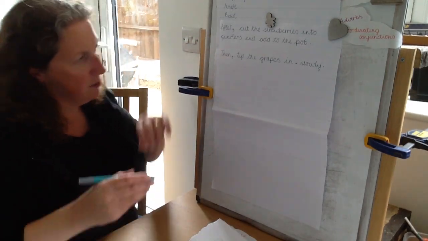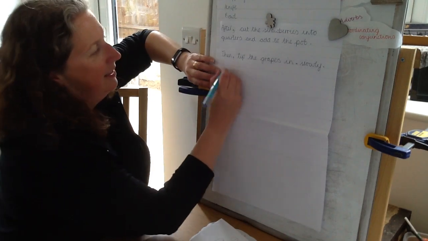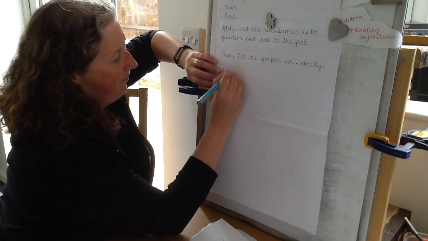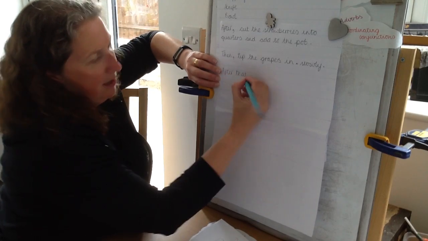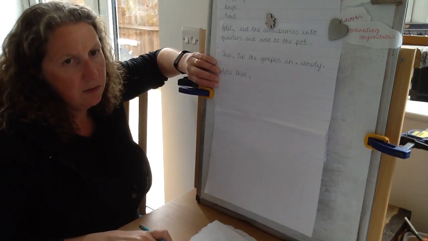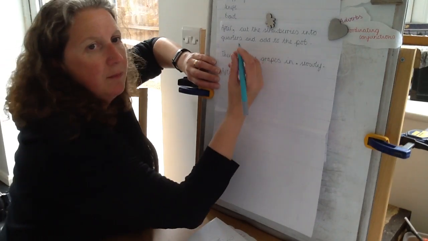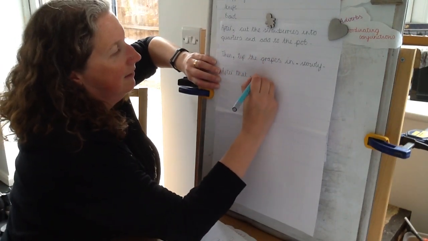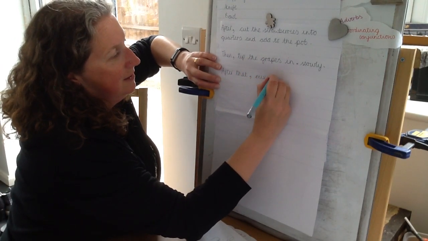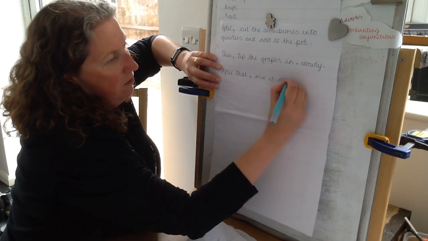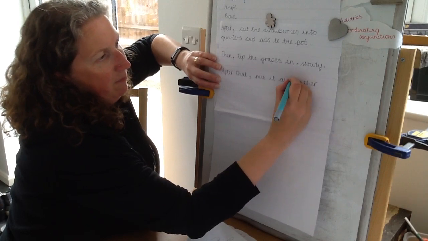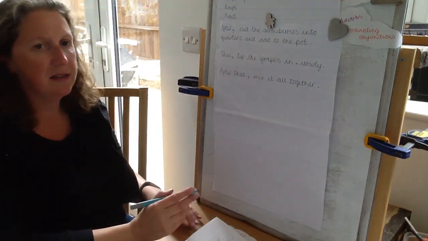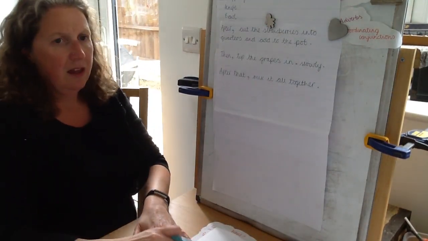Okay, so then I'm going to go to my next one, and it's after that, my comma. Okay, so what did I do after that? After that, I'm going to mix it all together. Okay, so mix it all together.